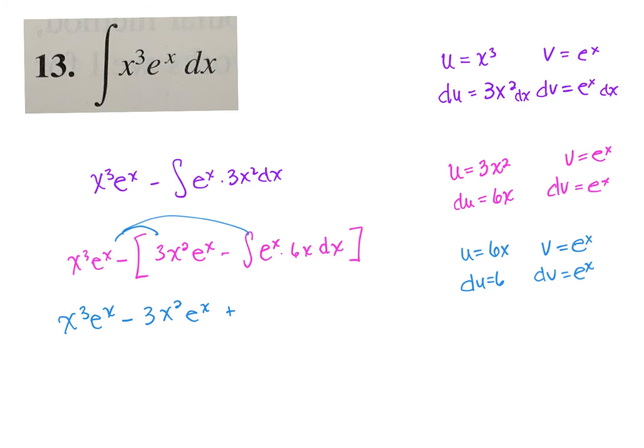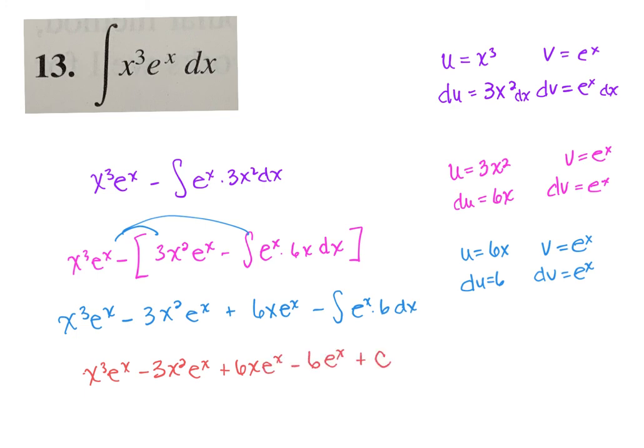So I have 6x e to the x minus e to the x times 6 dx. Now I can just take the antiderivative finally, right? And so I finally get to the point where I can solve this. X cubed e to the x minus 3x squared e to the x plus 6x e to the x minus 6 e to the x plus c.